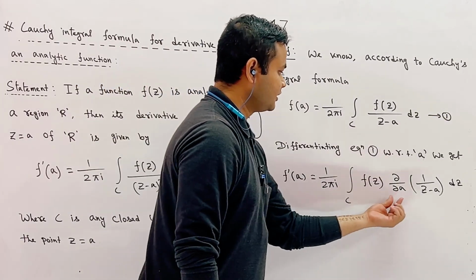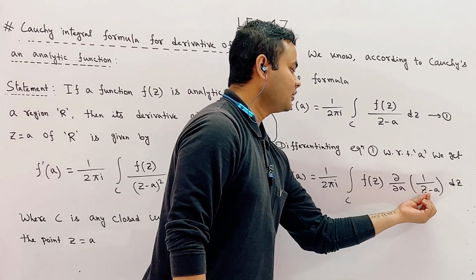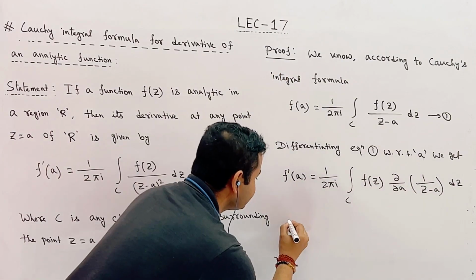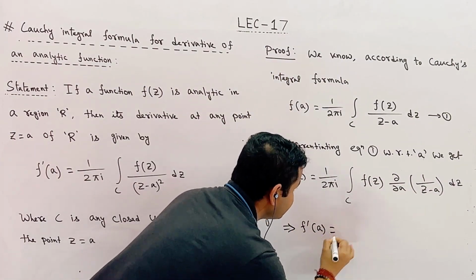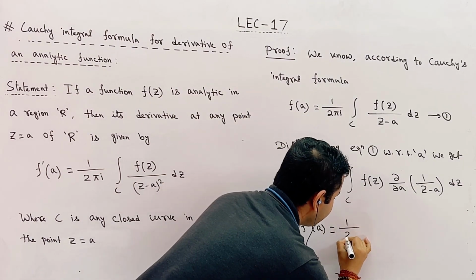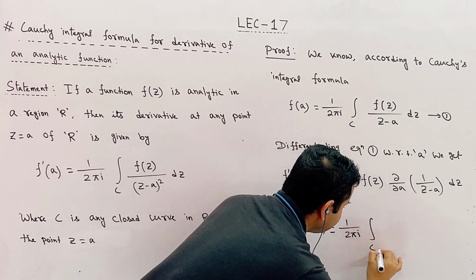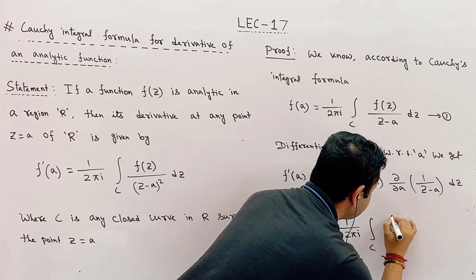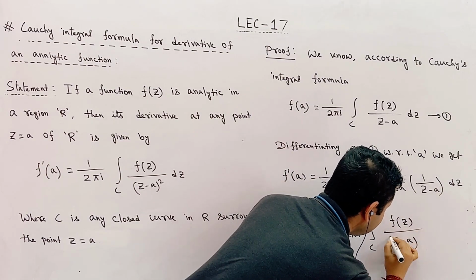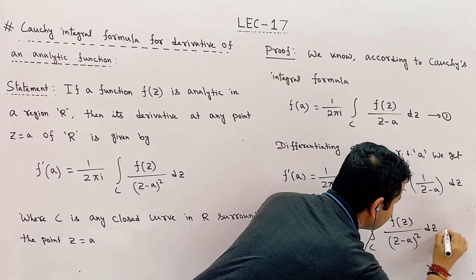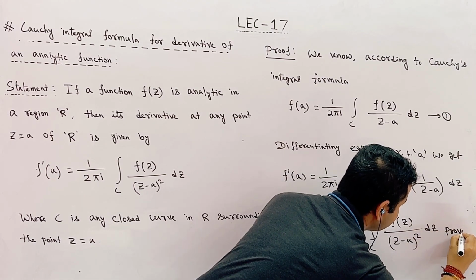So, after differentiating this part with respect to a, we will get f prime(a) is equal to 1 by 2πi integration along curve C of f(z) divided by (z minus a) whole square into dz, which is proved.